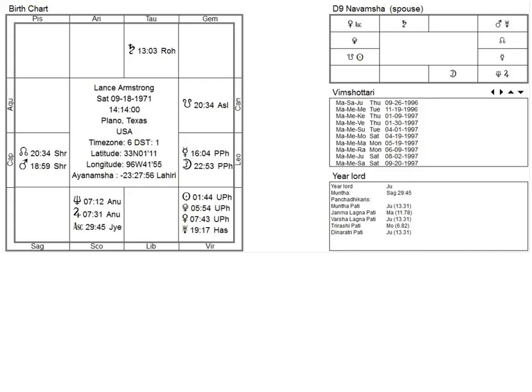So this is house number 1. This is 2, 3, 4, 5, 6, 7, 8, 9, 10, 11, 12. But Rose is going to go from here, where this is number 1, 2, 3, 4, 5, 6, 7, 8, 9, 10, 11, 12. And each house has a bhava, and she'll go through all of that. So Rose, I'm going to hand this over to you.